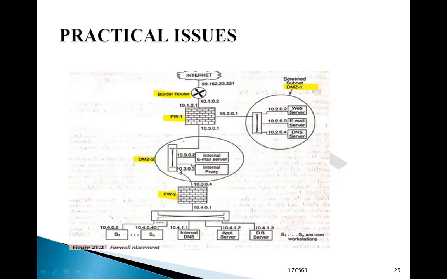So the firewalls are placed in between these three zones: the internet, the region containing the publicly accessible servers, and the internal network. It can include more zones also, but for understanding purposes, in this diagram we have only three network zones.